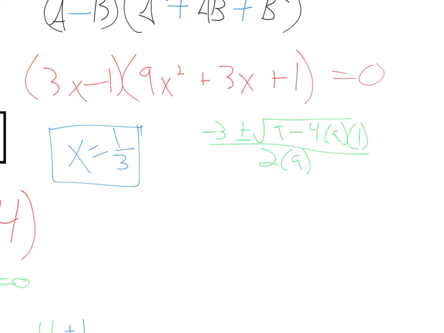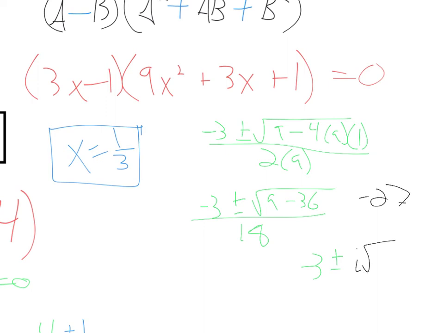And this just becomes algebra to make it pretty. So negative 3 plus or minus square root of 9 minus 36 all over 18. So negative 3 plus or minus, 9 minus 36, that's negative 27. So that would be i rad 27 all over 18.